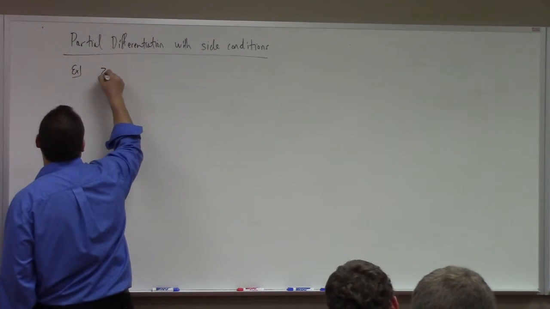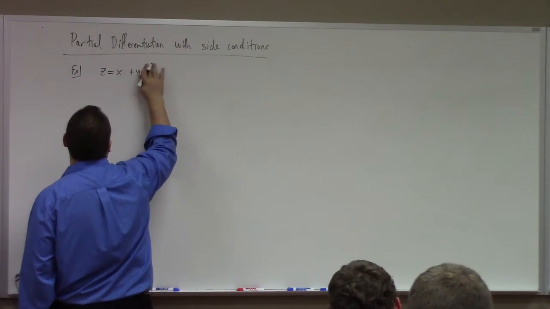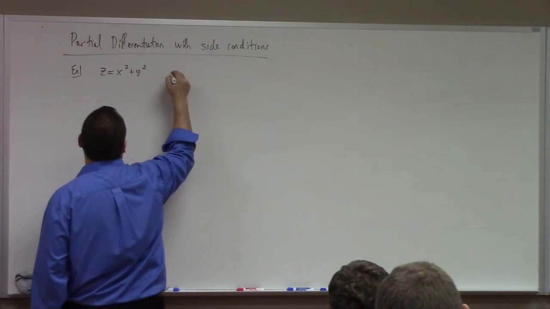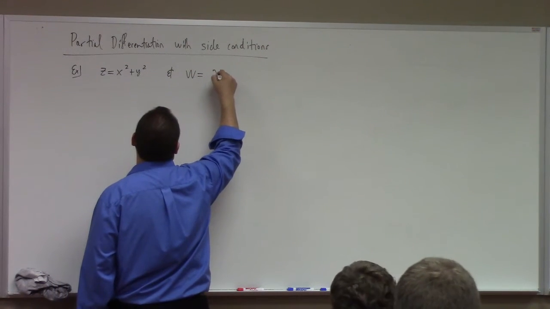Maybe I'm given that z is equal to x squared plus y squared. And I'm also given that w is equal to 2xz.